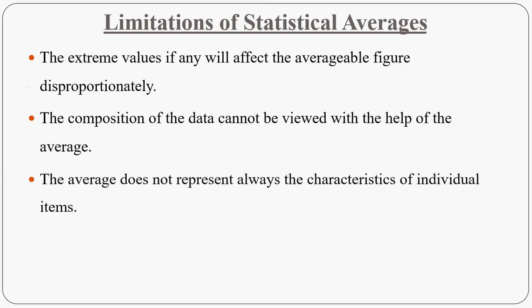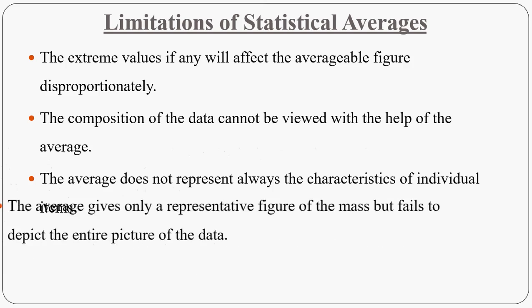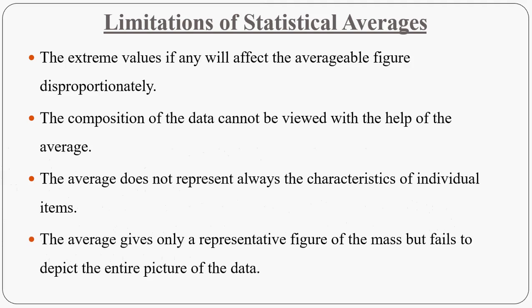The third limitation is the average does not always represent the characteristics of an individual item. It takes only group items; for an individual item, it cannot tell about the characteristics. The fourth limitation is the average gives only a representative figure of the mass but fails to depict the entire picture of the data.